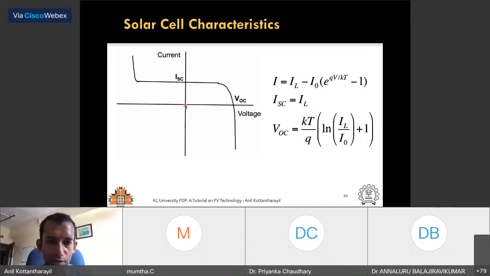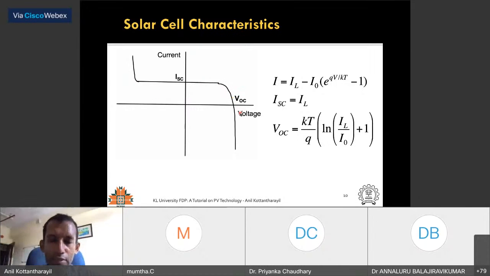If you have a dark diode where you are not shining light, it would go like this, and in reverse bias, it will go like this. Breakdown. Because we have just multiplied the current with -1, it looks a little bit like this. Now, what is this?